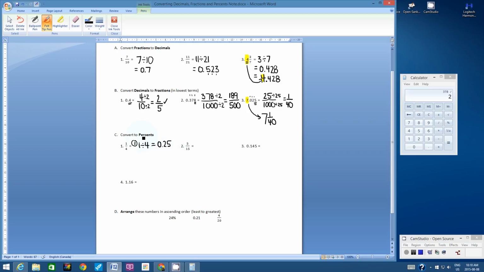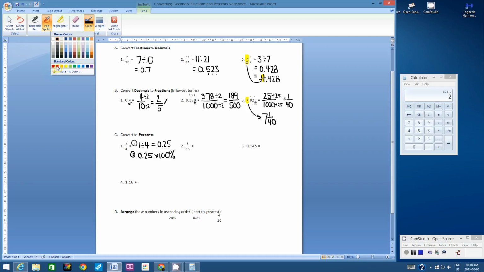Now, we're not finished because we've got to go one step further and make it into a percent. Okay? So, in order to change a decimal into a percent, it's very simple. We take the decimal and then we multiply it by 100%. Now, we practiced the skill just a little while ago.